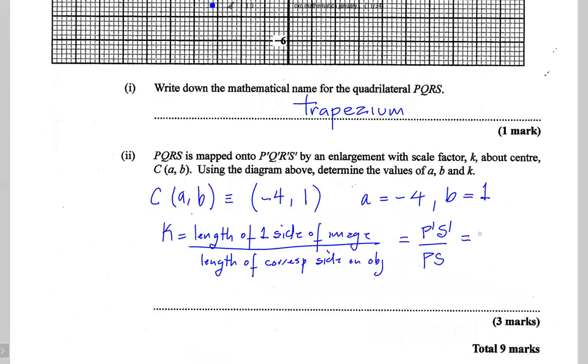So K is 6 divided by 2. So the scale factor K is equal to 3. And this is the end of the question.